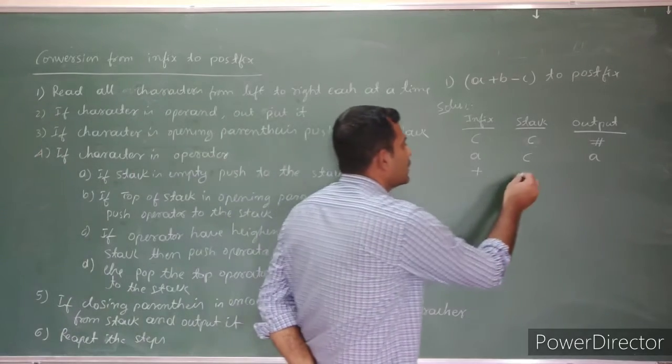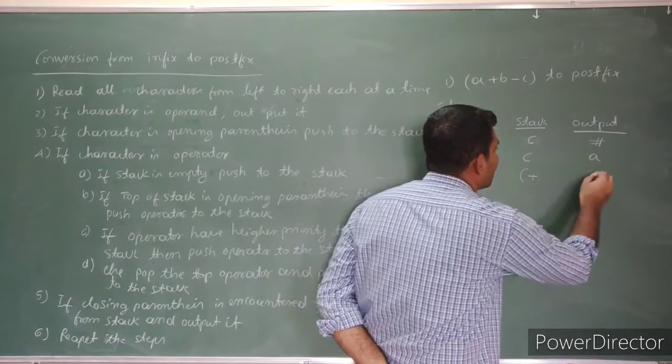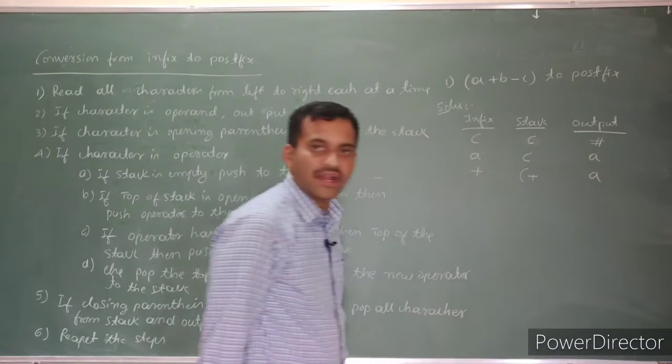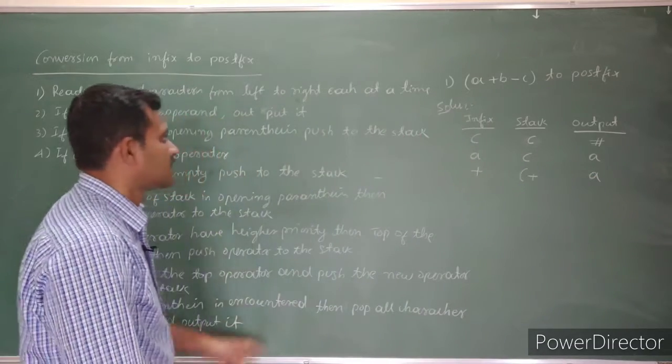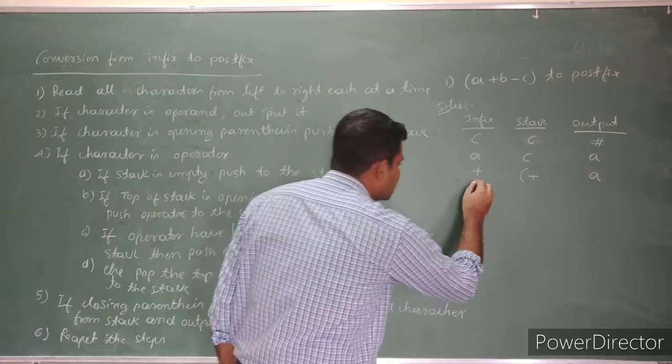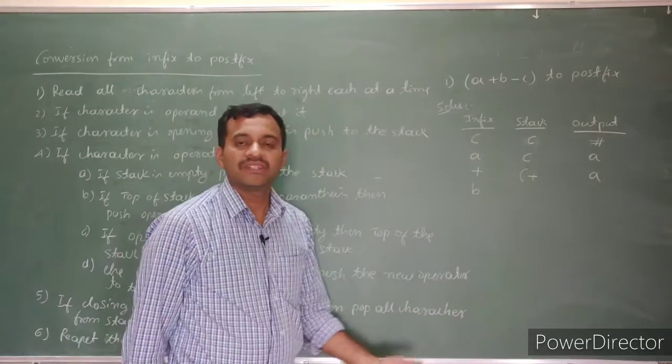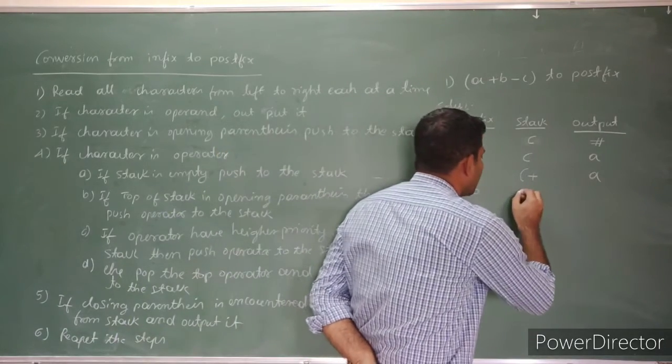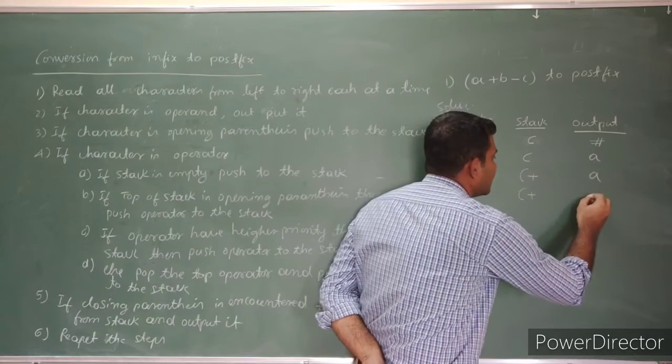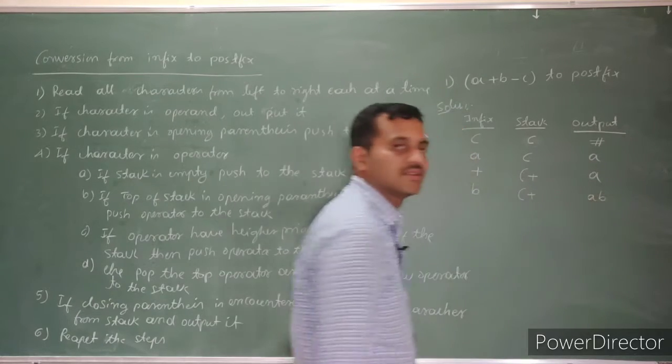There is an operator, push it to the stack. In the output window, we have the operand a. Next, read the next character, that is b. b is an operand, directly output it. Output: ab.